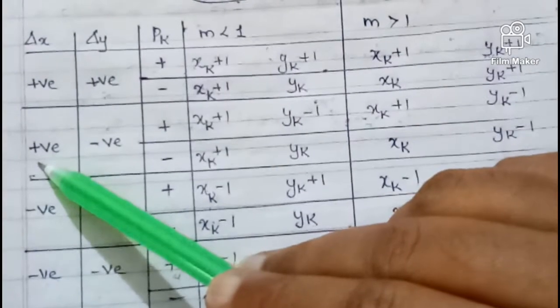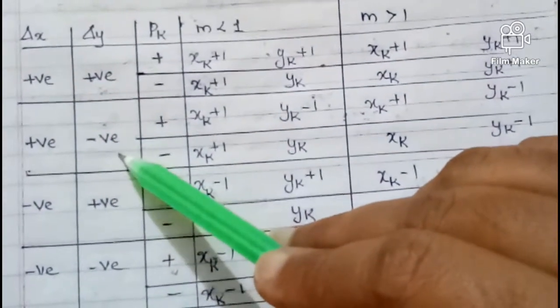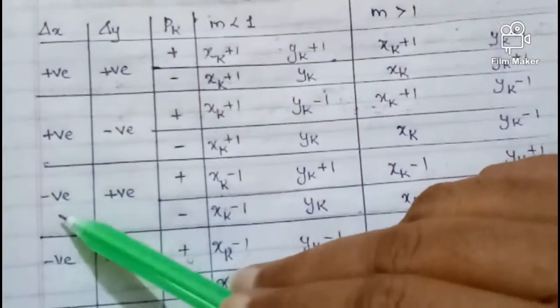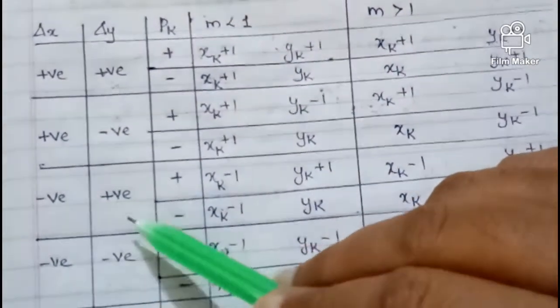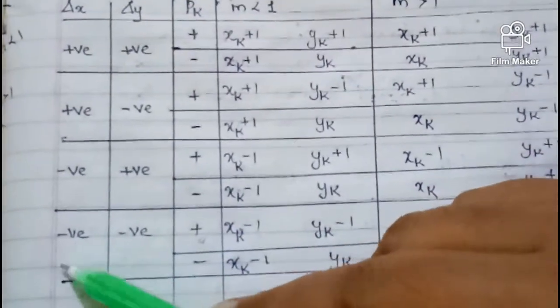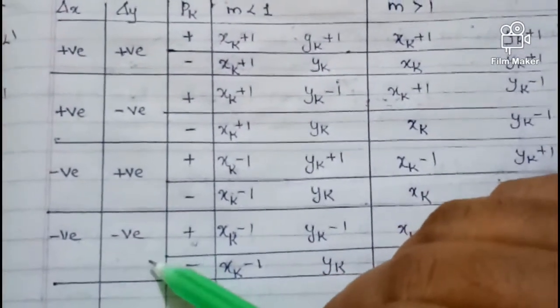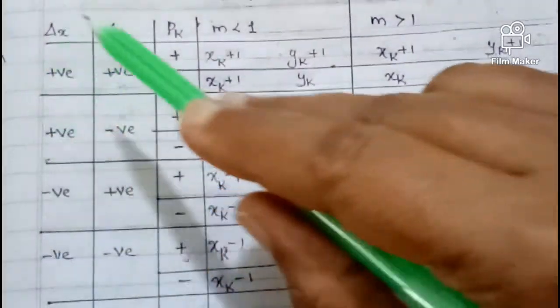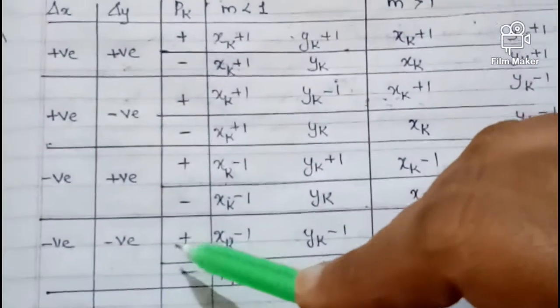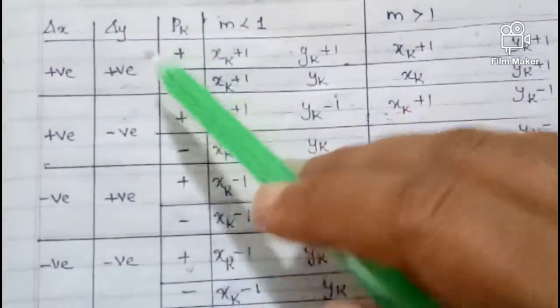If delta x is positive but delta y is negative, this is the second case. Delta x negative and delta y positive is the third case. The final case is both delta x and delta y negative. So how will we select the plotting points in each of these situations? Let me teach you how.